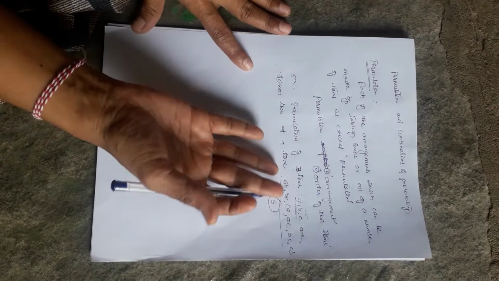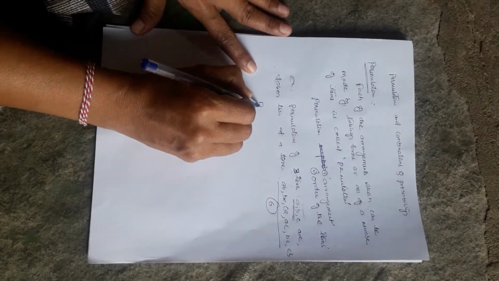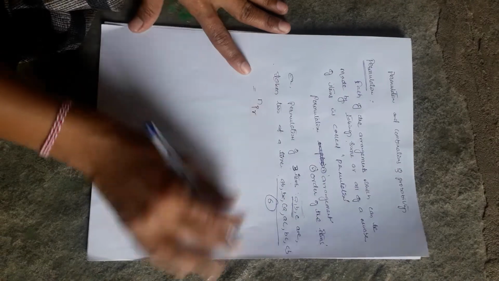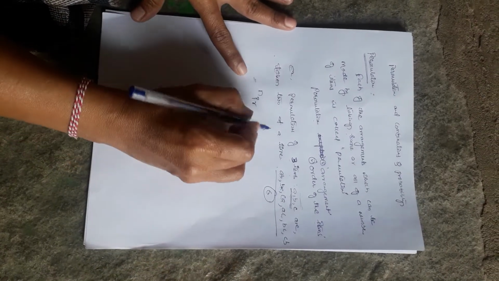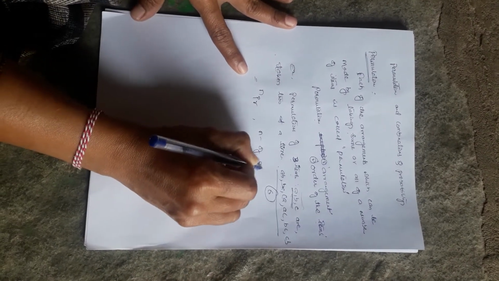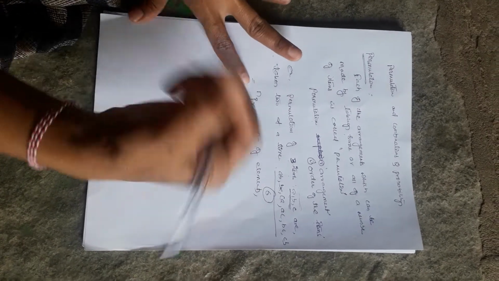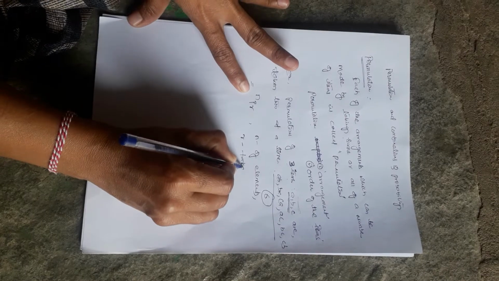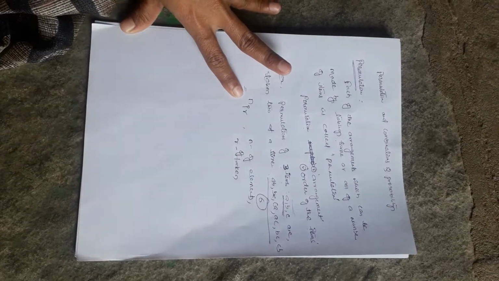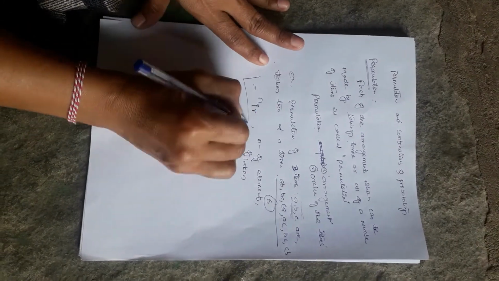By using a formula. The permutation formula is nPr. Here n is the number of elements, and out of this number of elements, r is how many elements are taken. This is the formula for permutation.